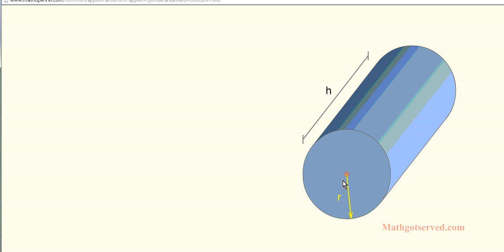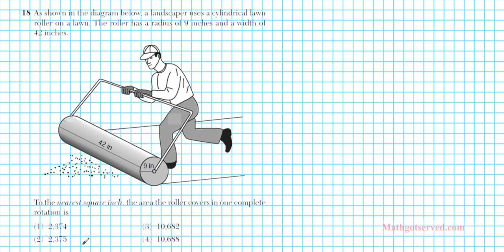Okay, and we know what the lateral surface area of the cylinder is. If you consult your reference sheet, you're going to see what the formula is. So the formula for the lateral surface area, we're going to call it L, is what is provided for you in the reference sheet. We are looking for the lateral area of a right circular cylinder. Okay, so this is a right circular cylinder.